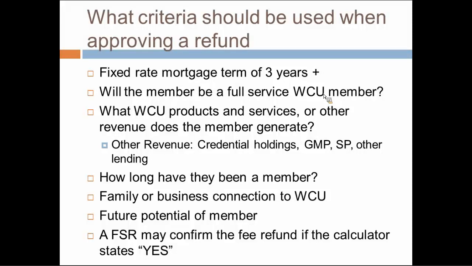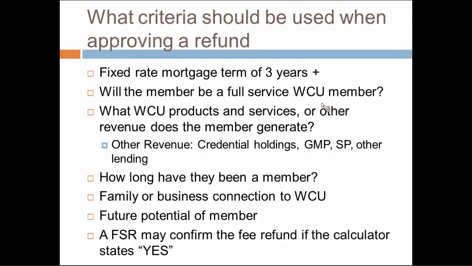How long have they been a member should be considered, so you might not want to offer it to someone who has only been a member with us for a couple months and they have no business with us. Family or business connection to Westoba, that's always important. Future potential of the member, that's important as well. So maybe you have a young professional who just graduated and there's tons of opportunity to grow the business with this person. That can be noted as well.